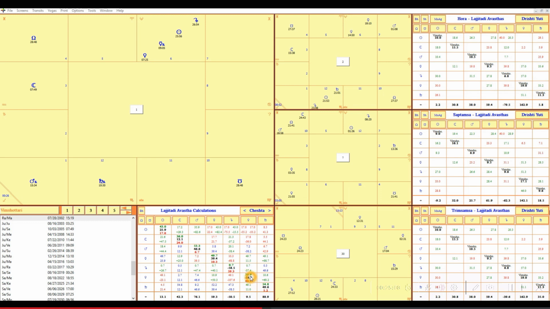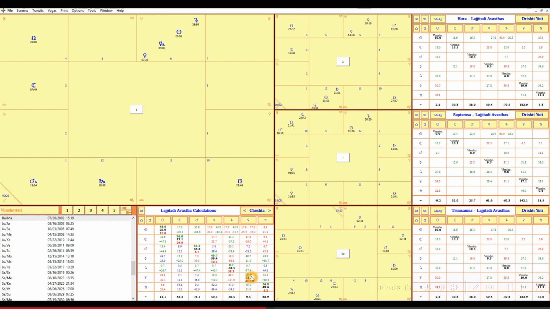Okay, so Venus is a really troubled planet Cheshtabala-wise. So on a level of Cheshta, because it only has 10.9 points, Venus can get very ill. Okay, now on another level, on a level of Ucha, Venus has 46 points. So on a level of Ucha, Venus is going to be able to keep the person healthy.